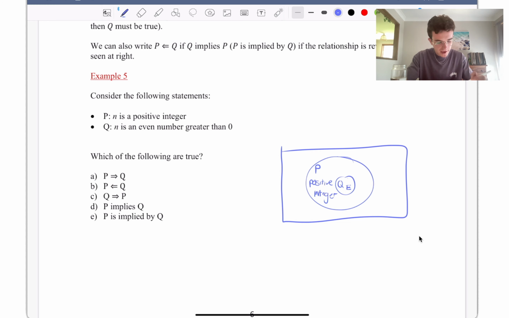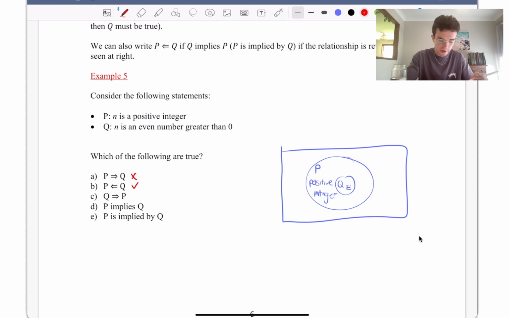Okay, so P implies Q. If we've got a P, does that mean Q is always true? No, it doesn't. Q implies P. Well, if I've got a Q, does that mean P is true? Yes, any Q here is always going to be inside that P circle. So yes. Does Q imply P?